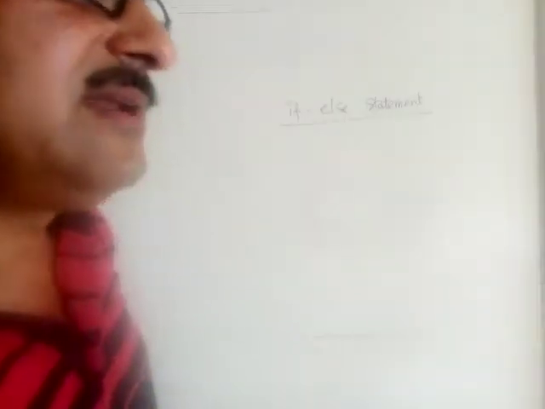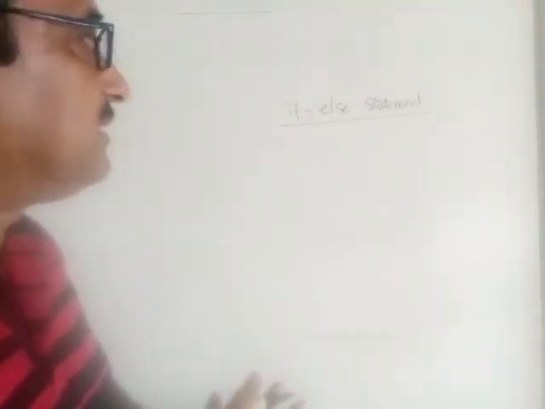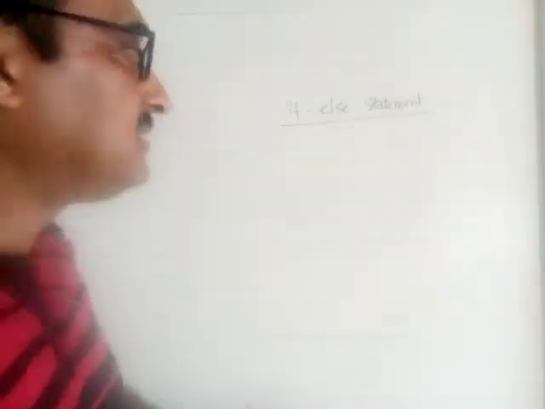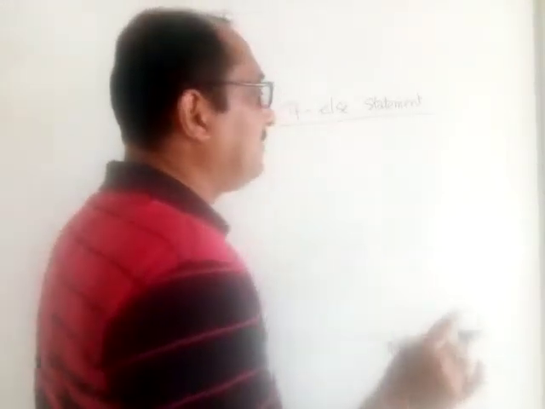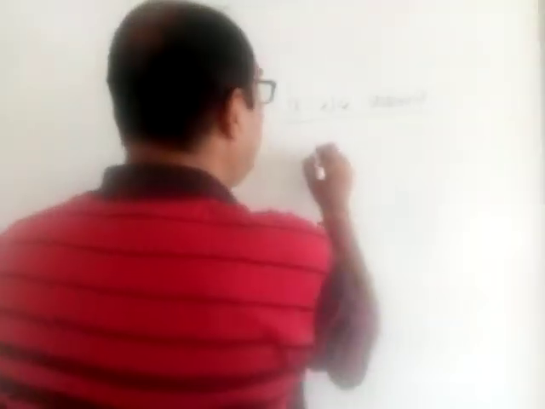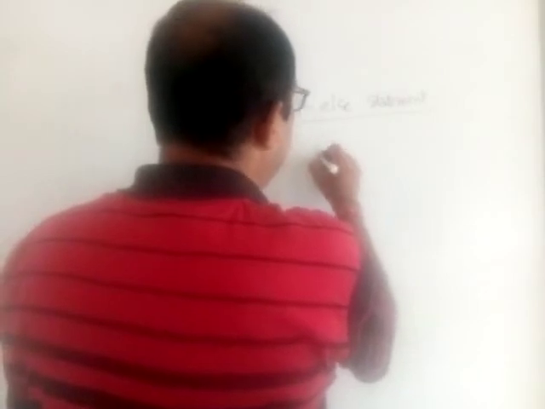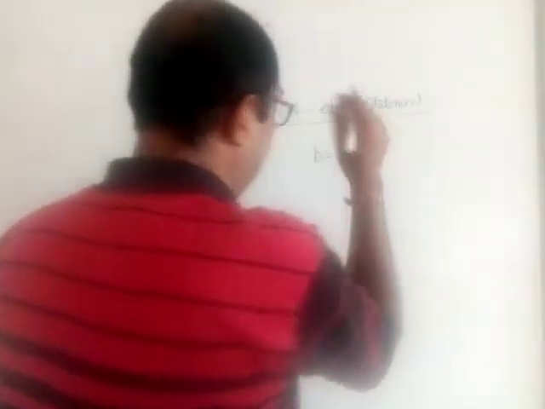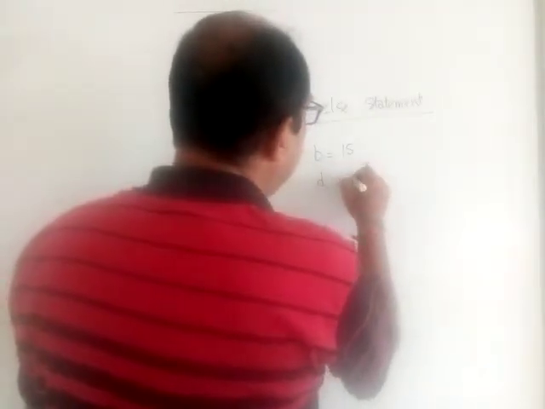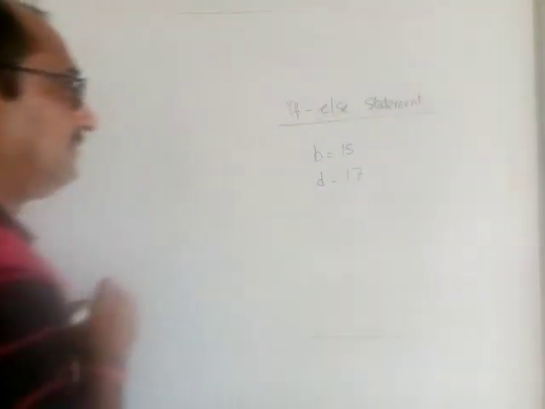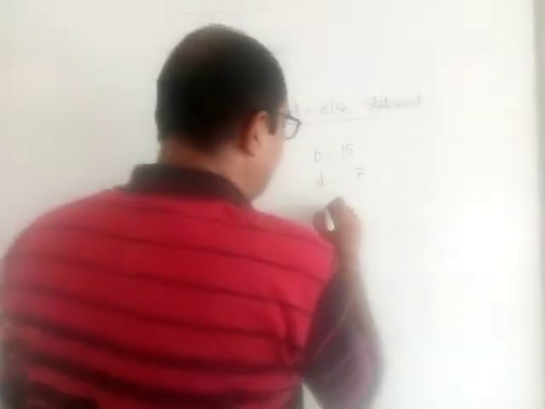Try to understand it. It might seem slightly complicated. Pay attention to this. If I write a program, then I will be able to explain it better. Imagine there is a variable b, I wrote 15, and there is another variable d, I wrote d equal to 17. Now I am writing the if statement.